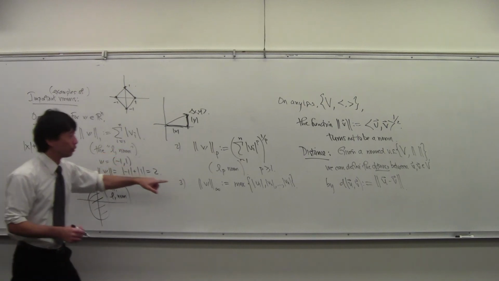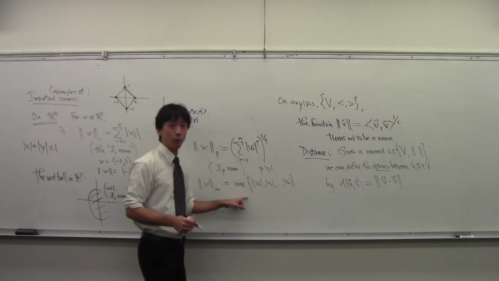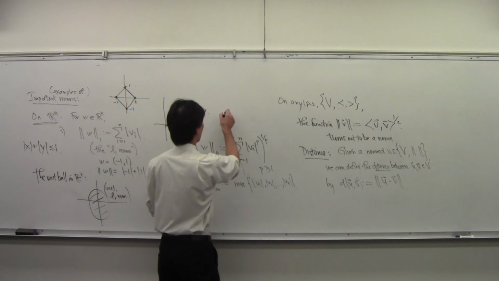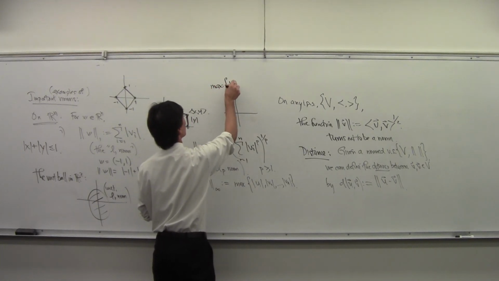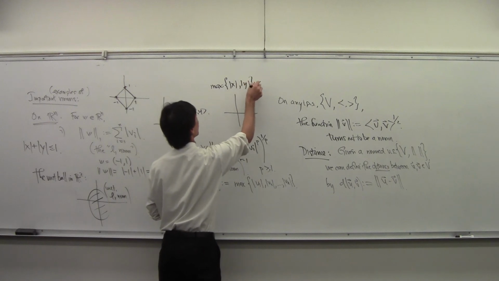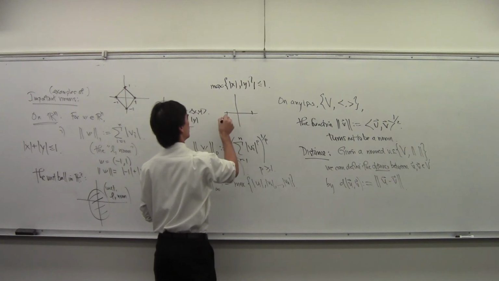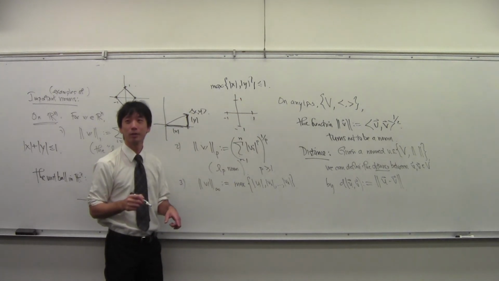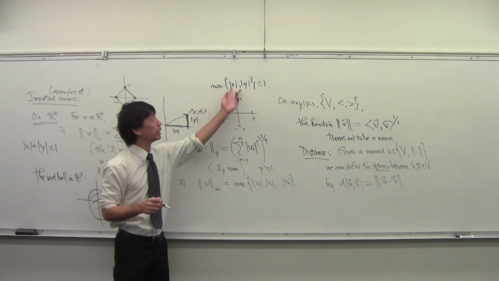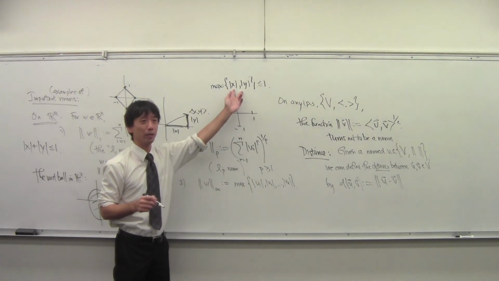Okay. What about with respect to the L infinity norm? What's that going to look like? Well, you need the max of x and y to be less than or equal to 1. What's that look like? As long as the entries are less than or equal to 1 in absolute value, you're good.